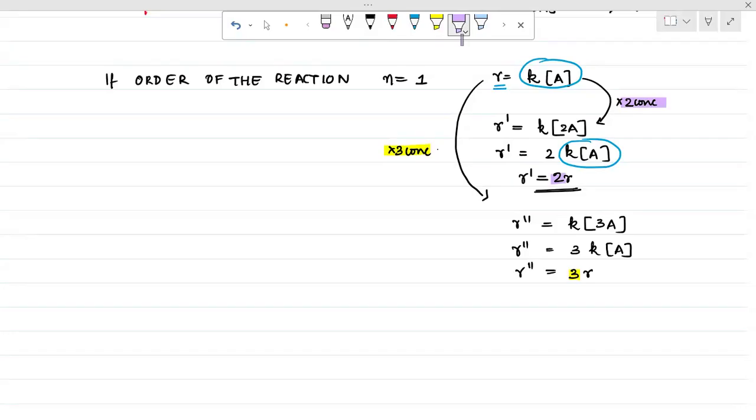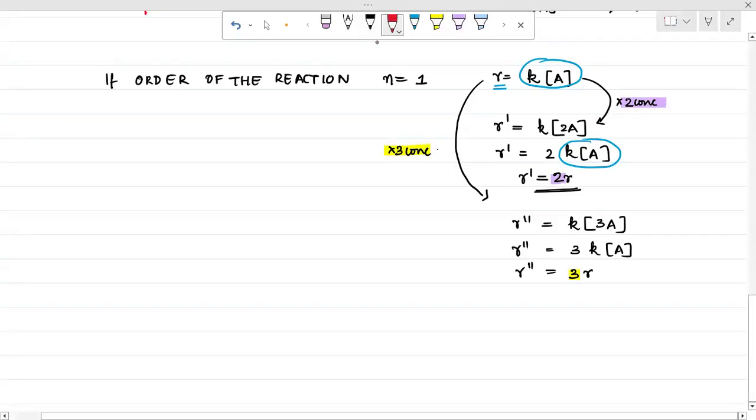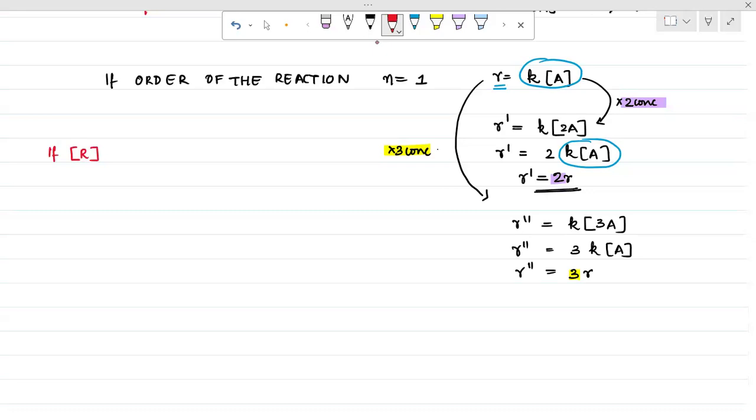Easy relation, which means if the concentration of the reactant, or in our case it is A, whatever is understandable to you, you can note it down. If the concentration of the reactant is increased n times, or multiplied n times, now this is a symbol that I use to write increased. Please don't get confused. If you wanted to write in words, write down in words.